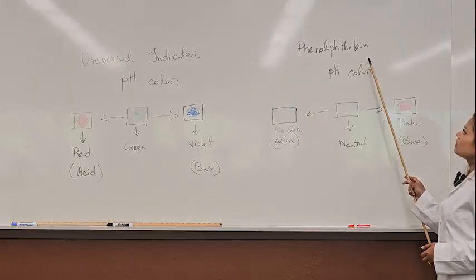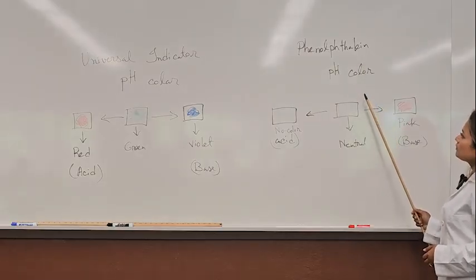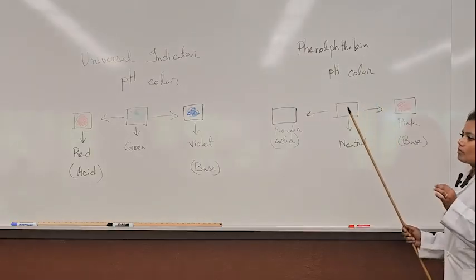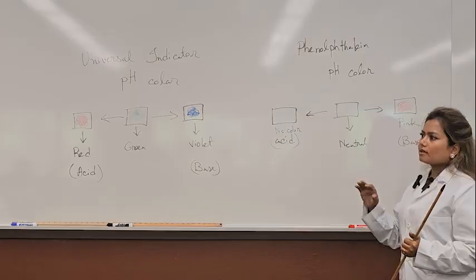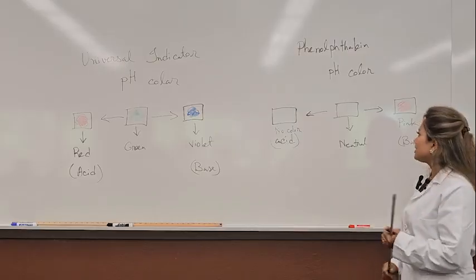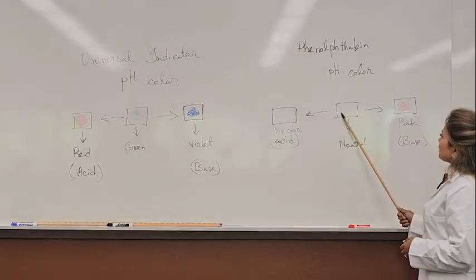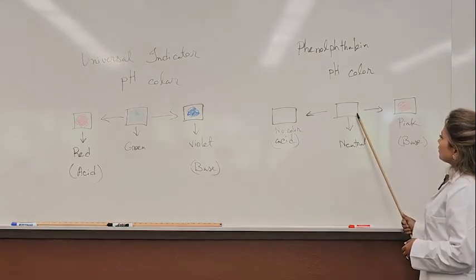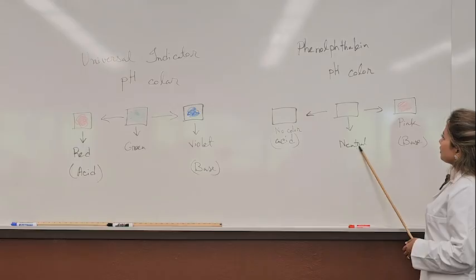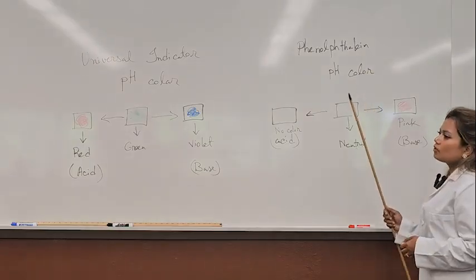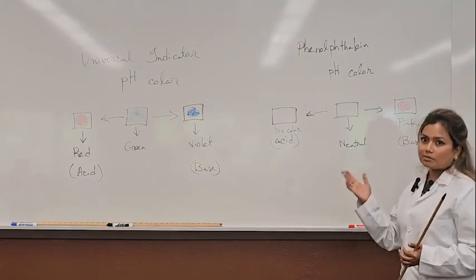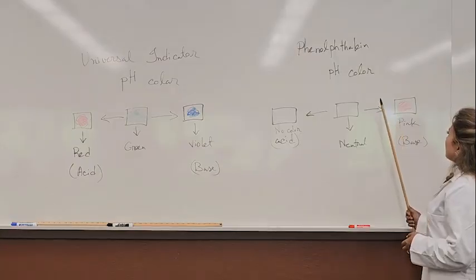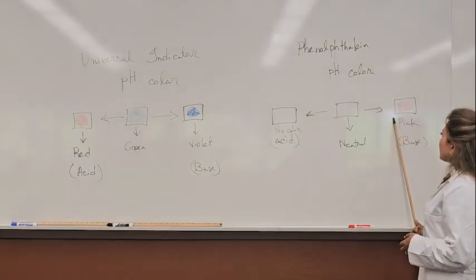And another one is we use the phenolphthalein. When you use the phenolphthalein, there is no color. It should be like water. So that's why I did not use any color here. That means it's neutral. But phenolphthalein can only tell you if it is a base, by getting pink.